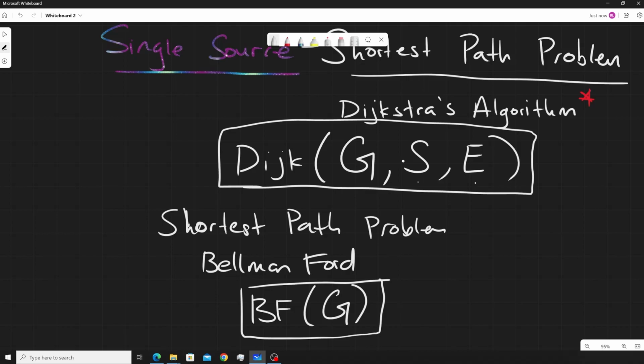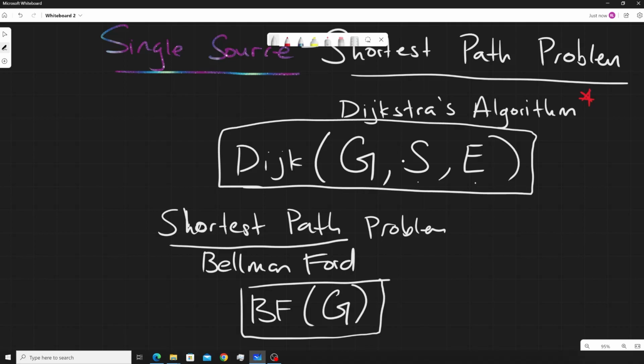In fact, what it gives us is every shortest path. So for every pairing of nodes inside of graph G, it will give us the shortest path for that pairing. So this is a much more powerful algorithm, and in fact, it fits the name much better, because it gives us every shortest path.